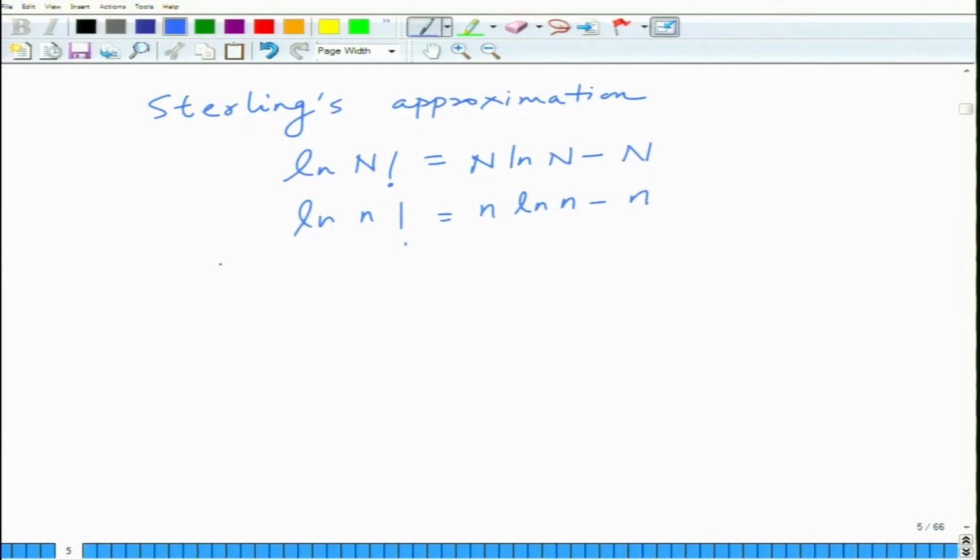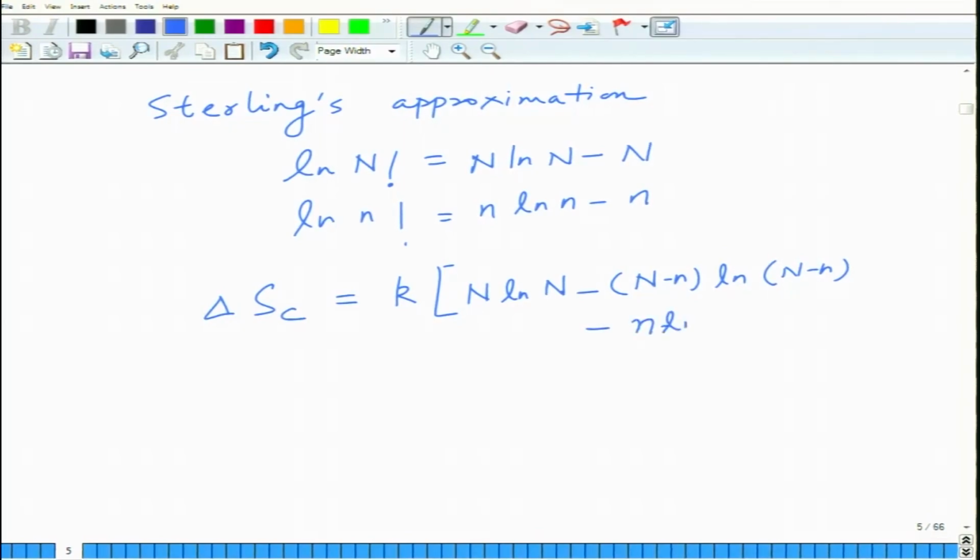If you apply this approximation to the above equation, you find that delta SC is equal to small k times capital N ln N minus N minus n ln N minus n minus small n ln n.